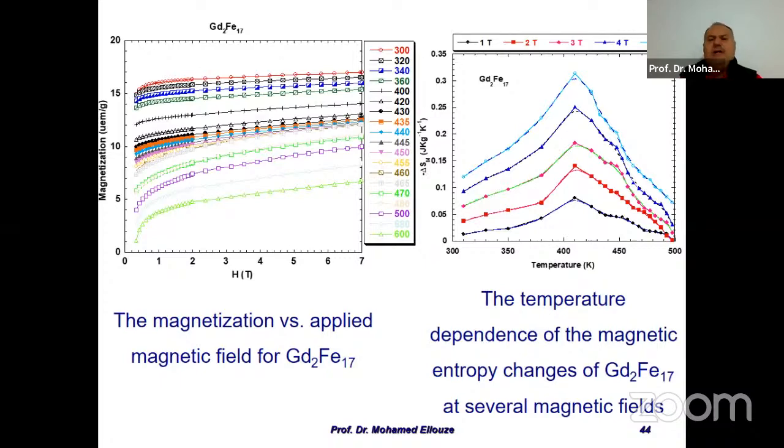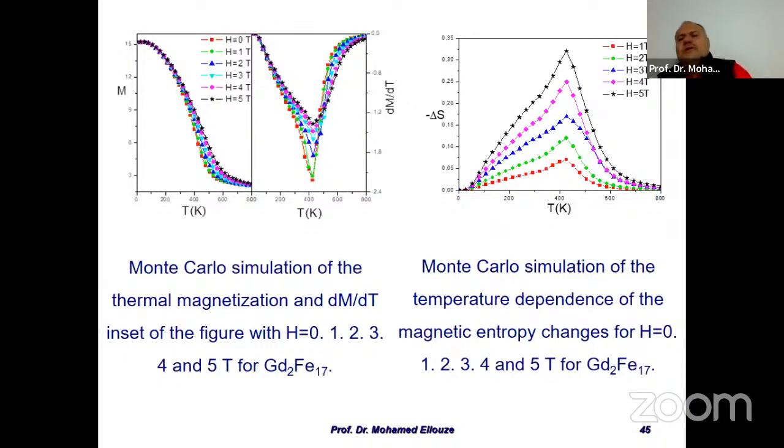Here we have also a new approach that uses Monte Carlo simulation to determine the thermal magnetization at different magnetic fields, and also to determine the Curie temperature of our sample.